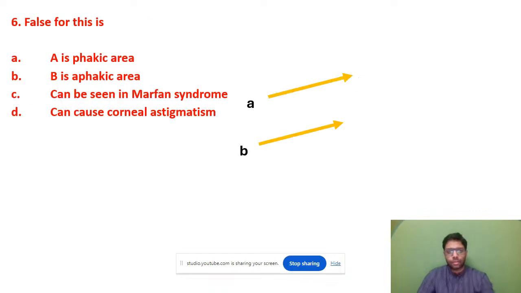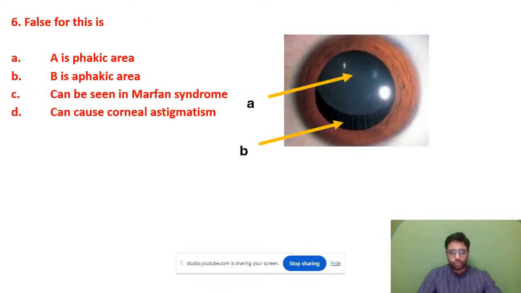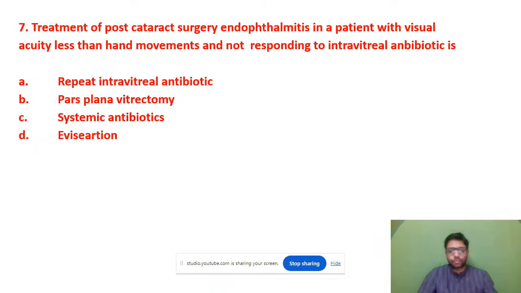Okay. Sixth. All right. Seventh coming up. Think a little bit for this.